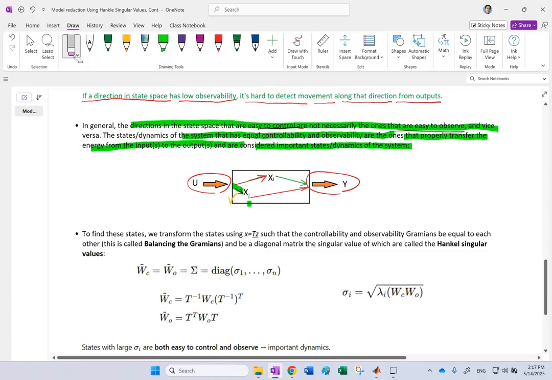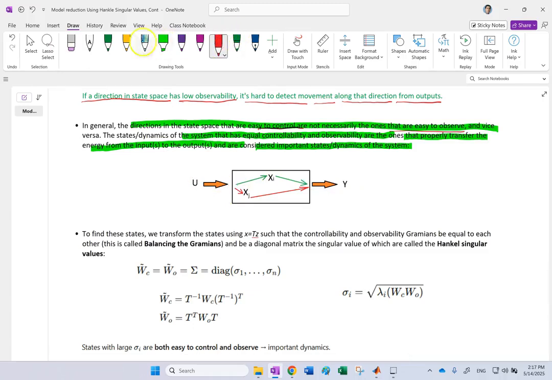Because if we go back and look at this one more time, some energy of this input is transferred to this output through this mechanism, through the state xi. Some other portion of this energy is transferred from input to output through what? Through this other state of the system, right?